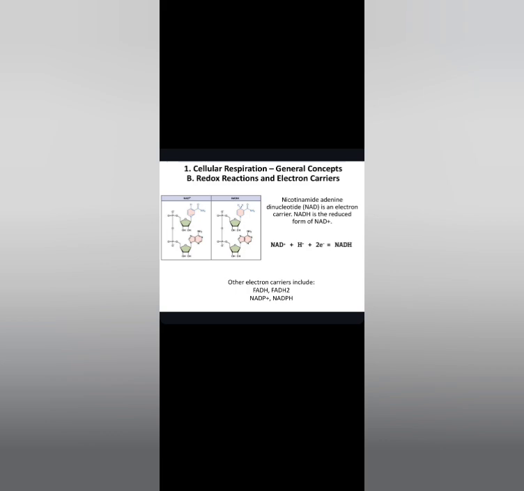A second electron carrier that will be relevant for today is FAD. FAD can gain 2 electrons and 2 hydrogen ions to become its reduced form, FADH2. And another electron carrier that will be important next week when we talk about photosynthesis is NADP+.